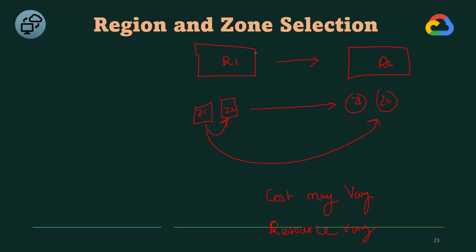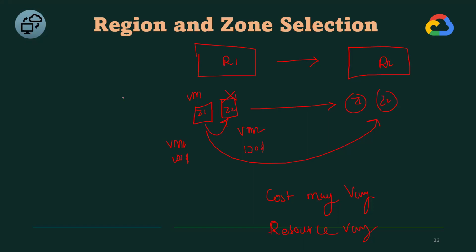For example, if you have virtual machines here, the virtual machines may not be available here. Or if you have virtual machines here and virtual machines here, the cost is $100 here, it could be $130 here. The cost may vary. So the cost of the resources may vary, or the availability of the resources may vary.